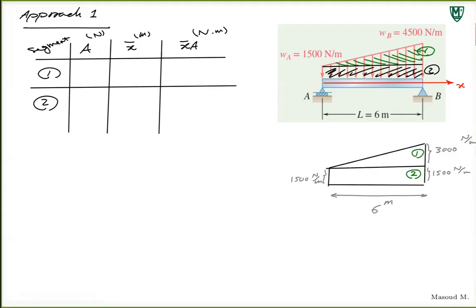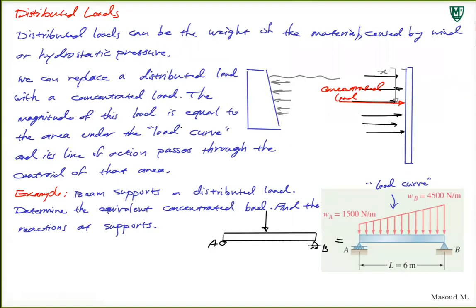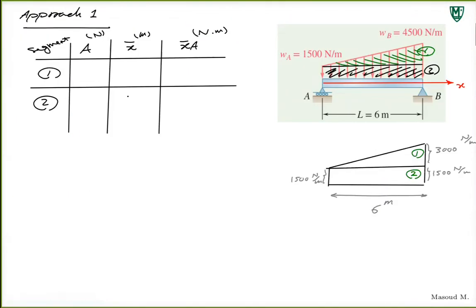Area now is the force, right? As in this paragraph, we said the magnitude of the load is equal to the area under the load curve. So whatever the area is would be the magnitude of this. What we're trying to find is the area under the load curve. Whenever I talk about area, when we deal with distributed loads, it means we multiply the distance by distributed load.